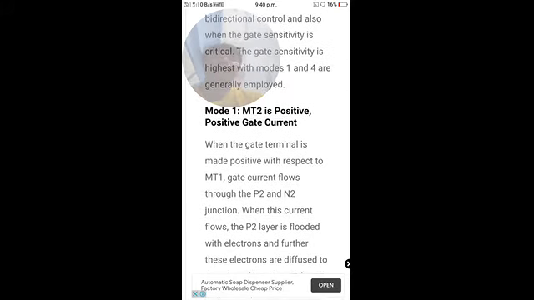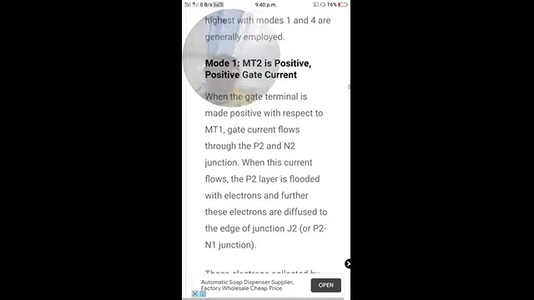There is the mode 1. In the mode 1, the definition of mode 1, that is MT2 is positive with respect to MT1, and the gate is made positive with respect to MT1. So what happens?